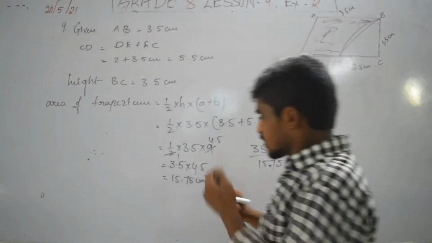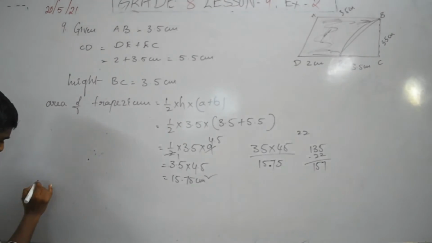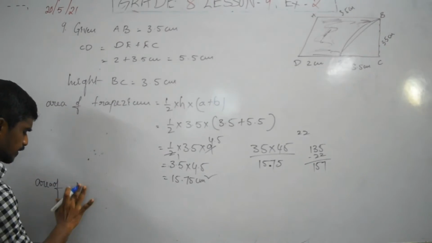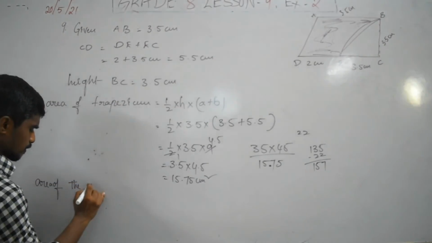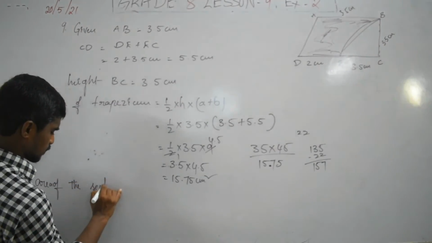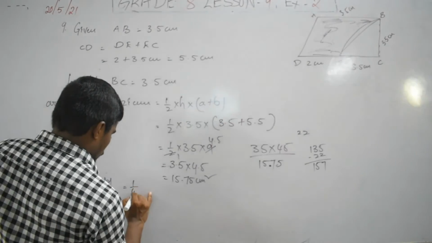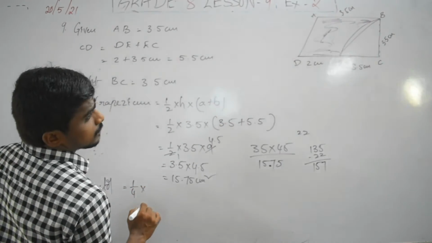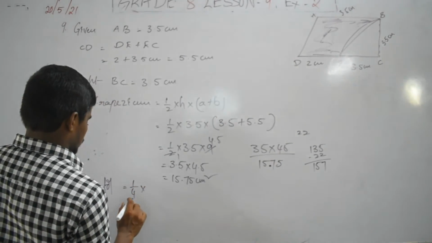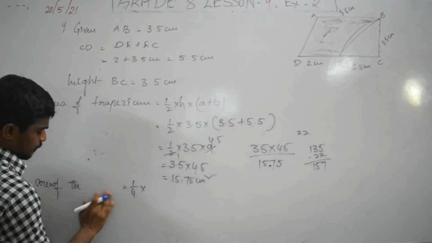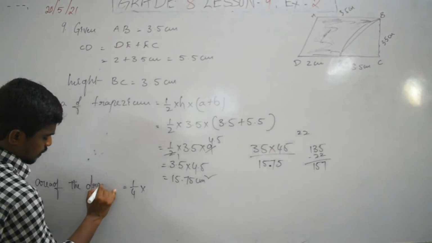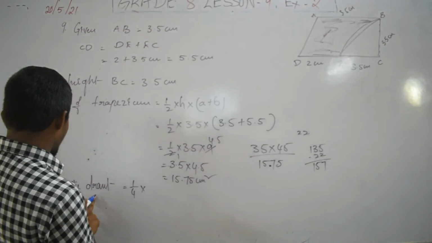Now the area of the sector. Area of the sector, how much? 1 by 4. We can write quadrant or sector, both are our wish.